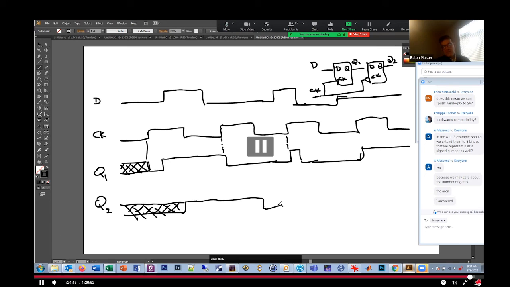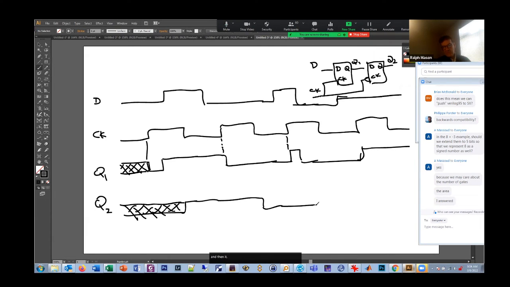So it doesn't see that little glitch there. So it stays low. And then it goes transparent. Yeah, stays low here. And then this again is after that edge. It doesn't see that. And then eventually, when it goes transparent again, it goes high.